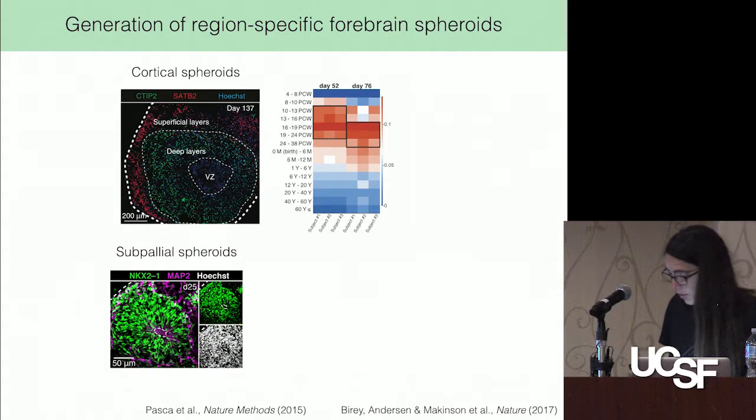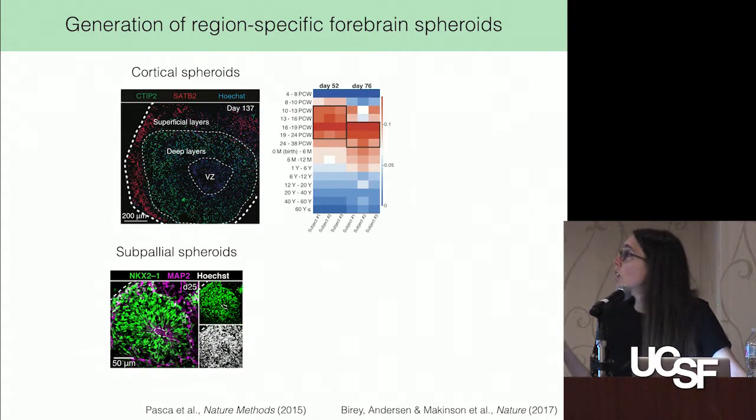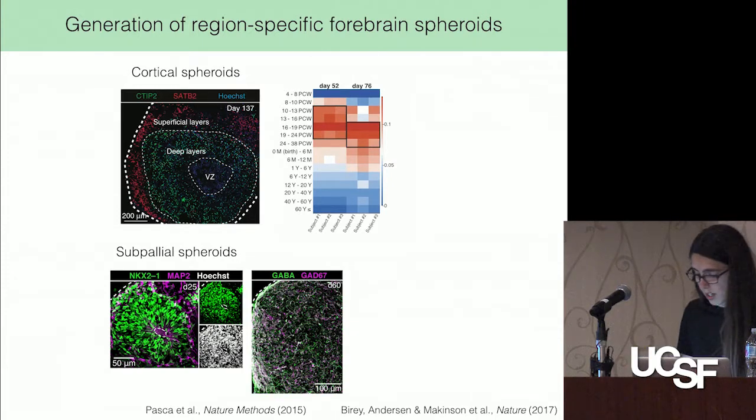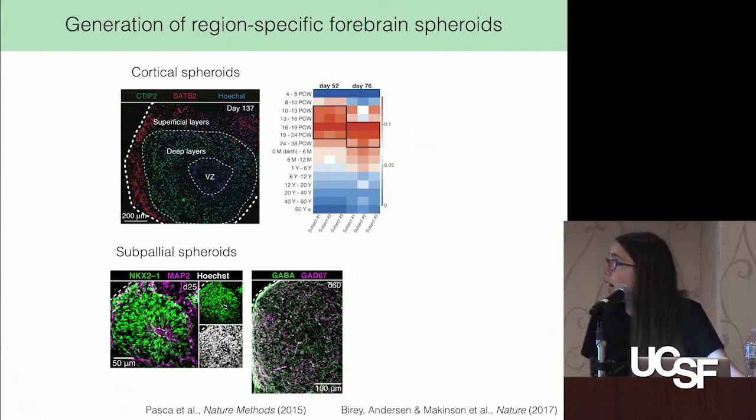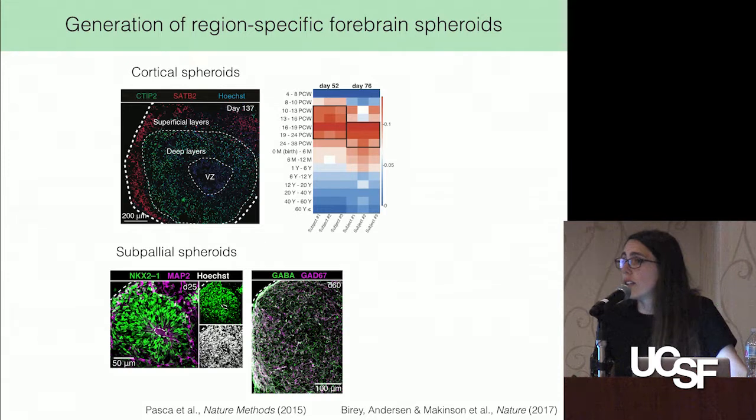Now, in the subpallial spheroids, we see early on, at day 25, the progenitor marker NKX2.1, and later on we see expression of GABA and the GABA synthesizing enzyme GAD67, and GABA is the main inhibitory neurotransmitter in the brain.